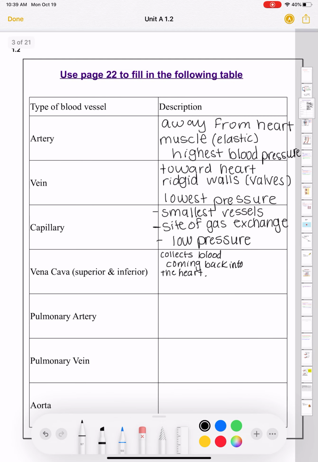The pulmonary artery, this is pulmonary, remember? That has to do with lungs. So the pulmonary artery, if you remember, arteries go away, so this brings blood away from the heart to the lungs.